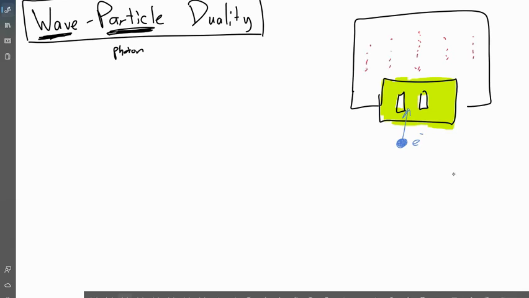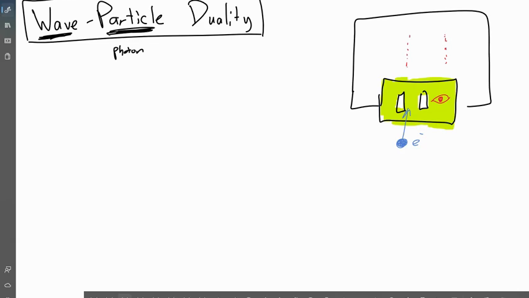But if we observe the slits, that all goes away and we don't get the diffraction pattern we would expect from a wave. So that's what confirms waves happen. If we observe the slits and watch the electrons go through, then the electrons behave nicely and just go right through. They behave like particles.